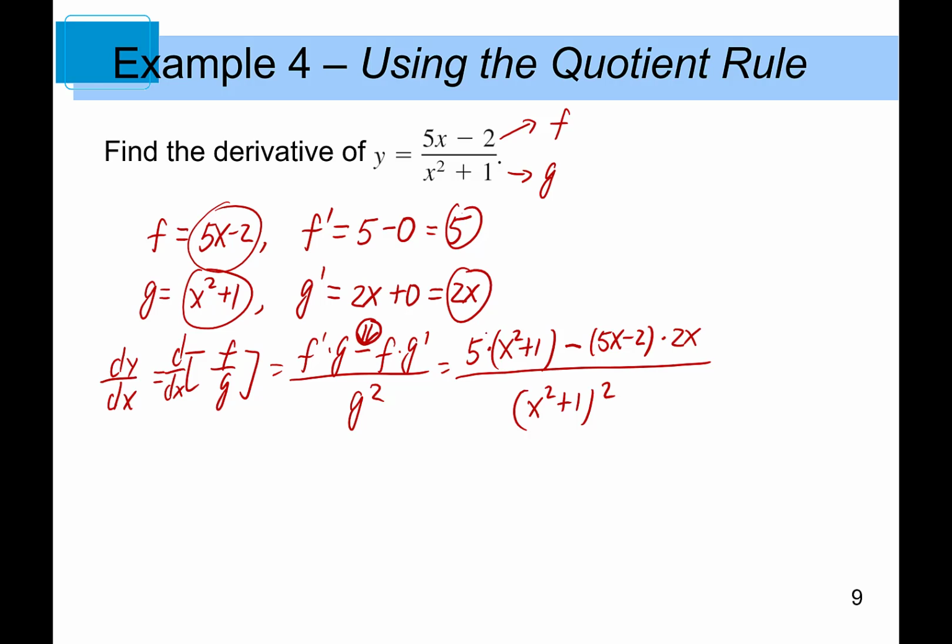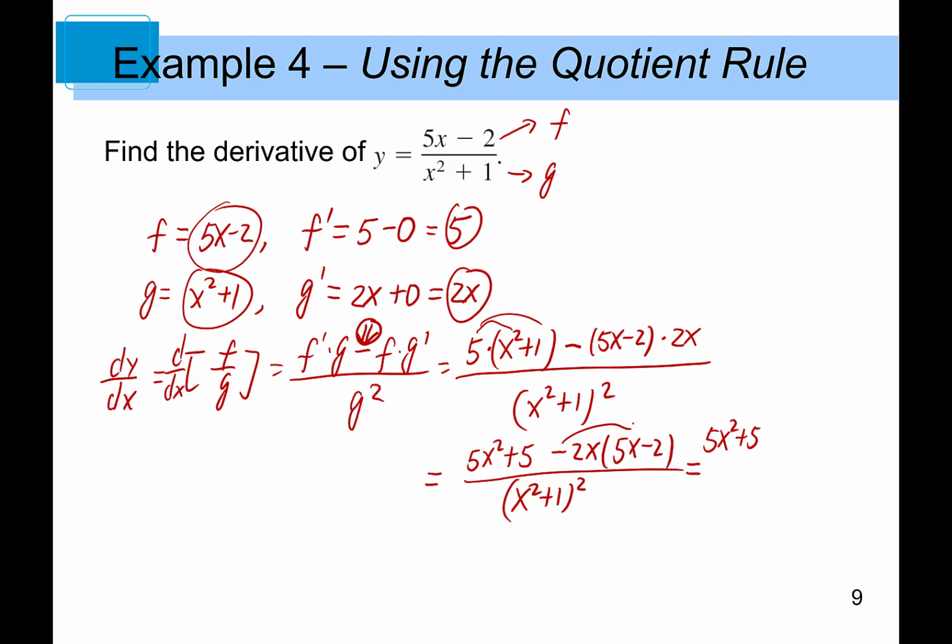Okay, so let's expand the numerator and then simplify. 5 times x squared gives 5x squared, 5 times 1 gives us 5. Now we have negative 2x, 5x minus 2, over x squared plus 1, squared. So let's expand it: 5x squared plus 5, negative 2x times 5x is negative 10x squared, and negative 2x times negative 2 gives us positive 4x.